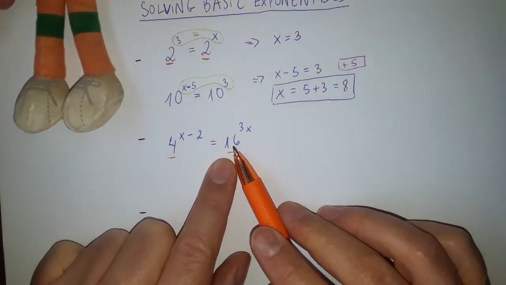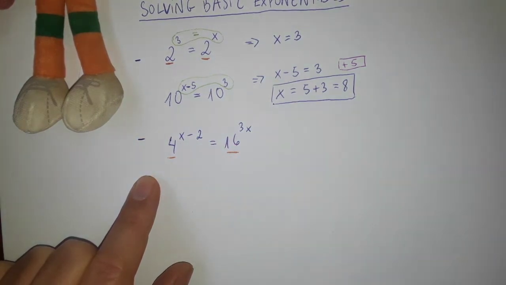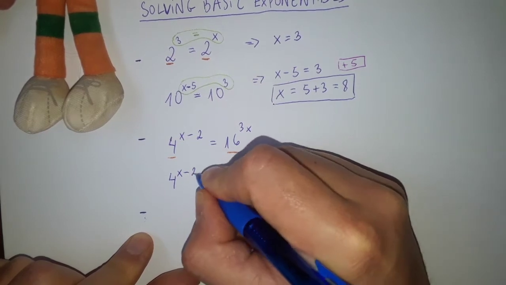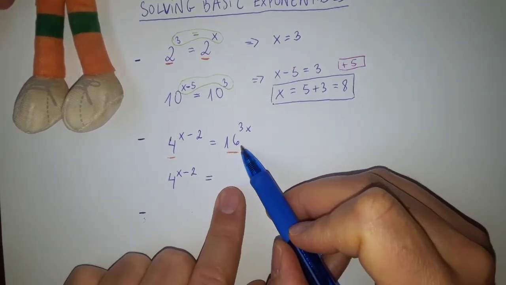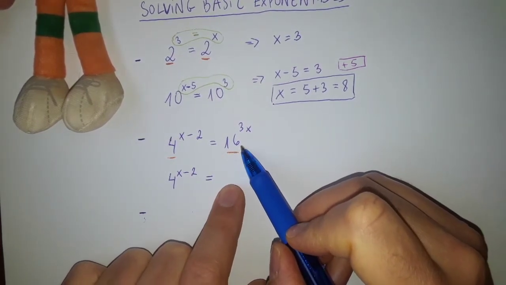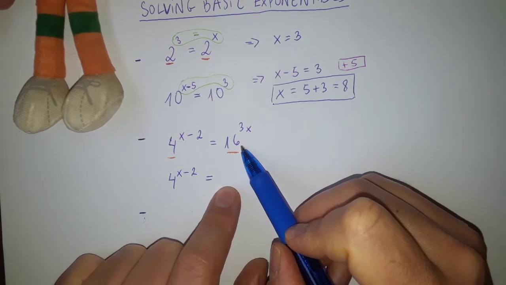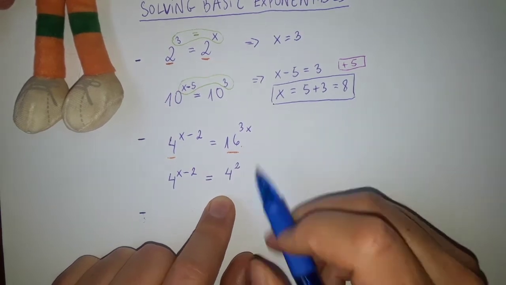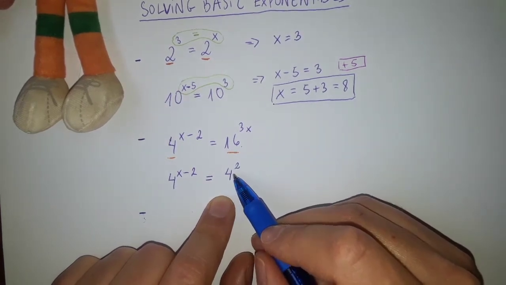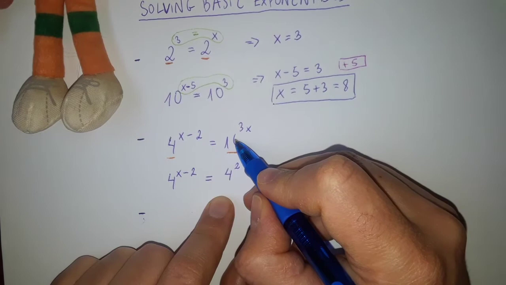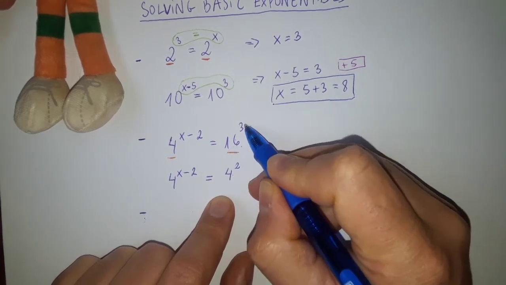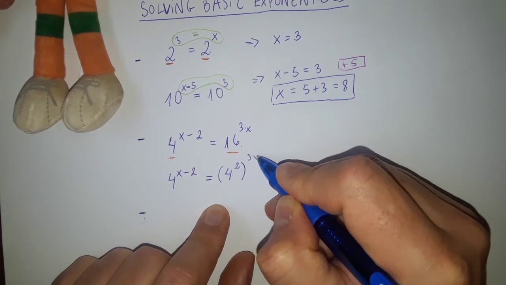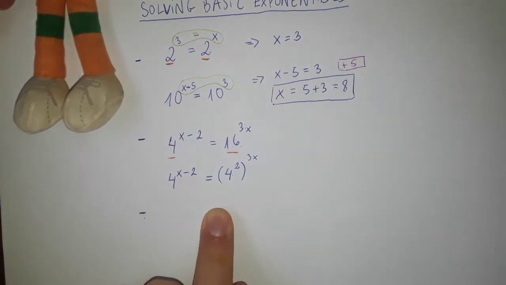If we can, we just rewrite this equation. 4 to the x minus 2, and then instead of writing 16, what is 16 expressed as a base 4? It's gonna be 4 squared. 4 times 4 is 16, right? So now I have to do 3x, so this to the power of 3x.